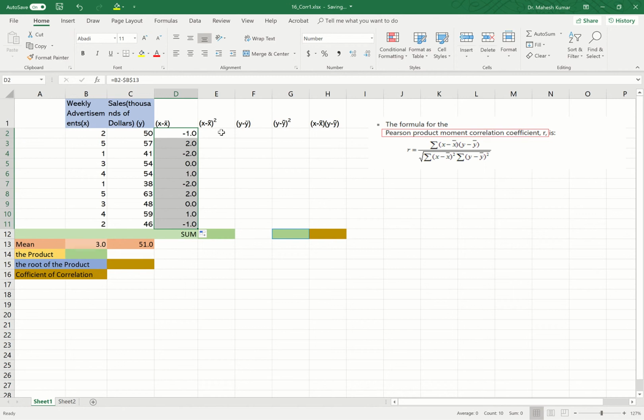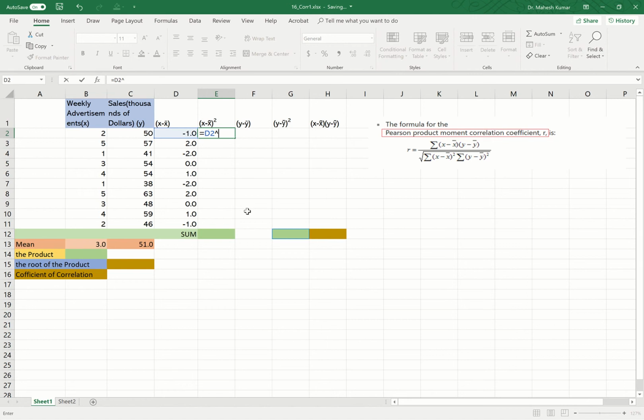Now we have to square these deviations, (x minus x bar) squared. x minus x bar is in cell D2, and its square is made through the caret sign.